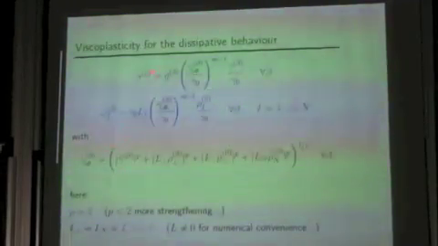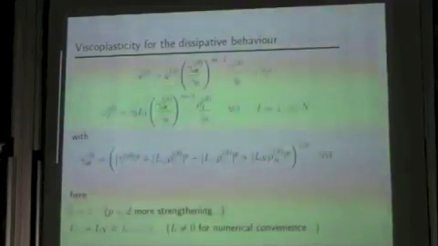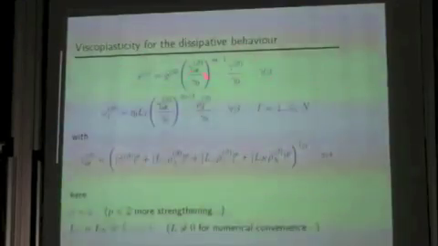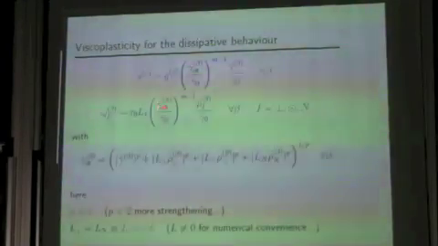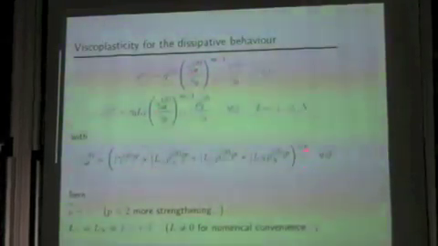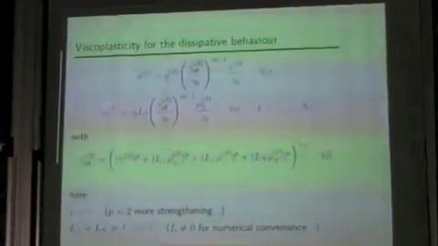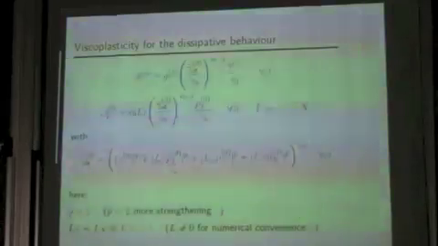About the dissipative behavior, it's just viscoplasticity. So it's an extension of standard viscoplasticity, and instead of the usual slip rate, you have an effective slip rate, and there is this P norm, and you can introduce 3 different length scales.